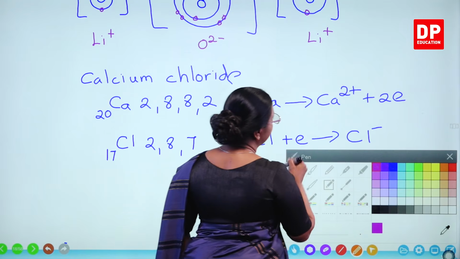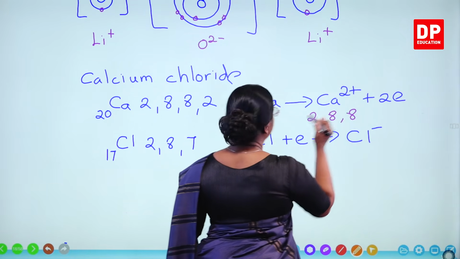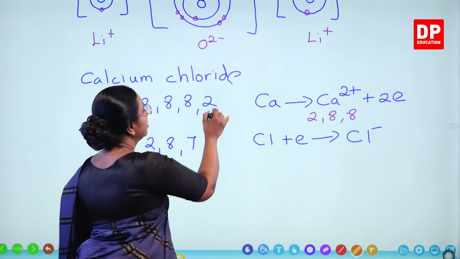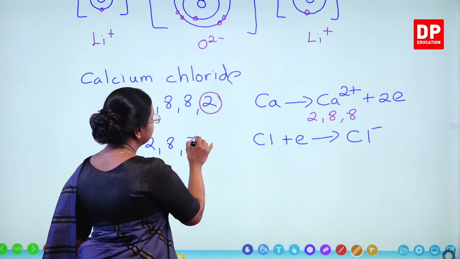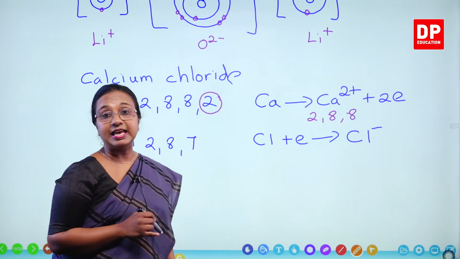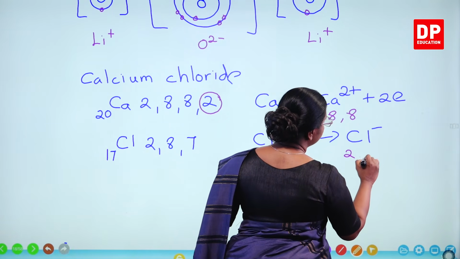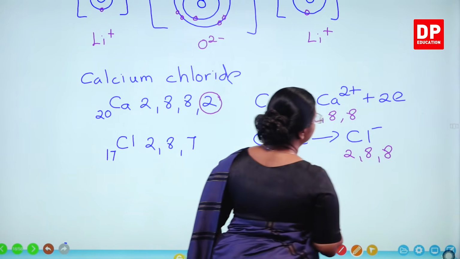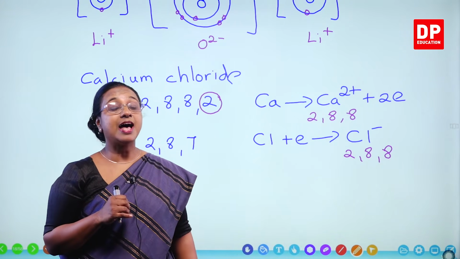In this, you can see calcium becomes 2, 8, 8. Why? It has lost these 2 electrons. Whereas chlorine has gained 1 electron. So this becomes 2, 8, 8 as well. They both resemble the noble gas argon.